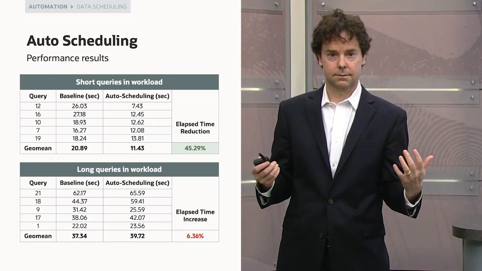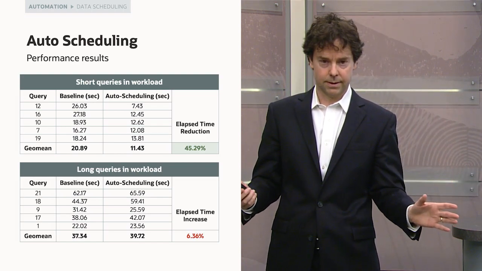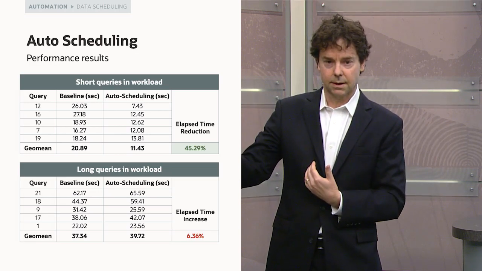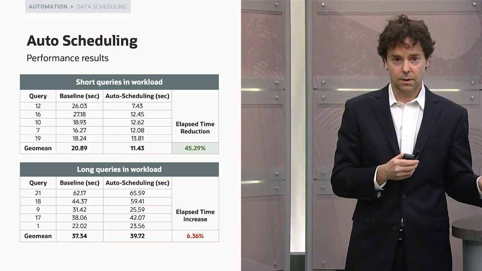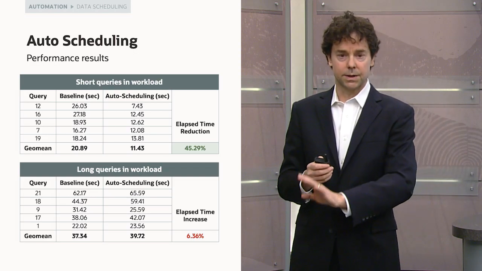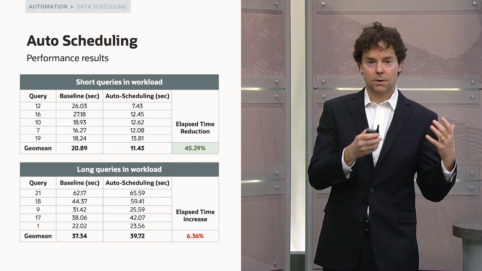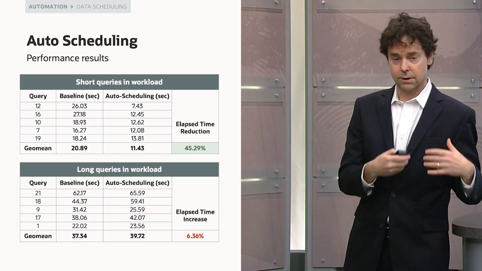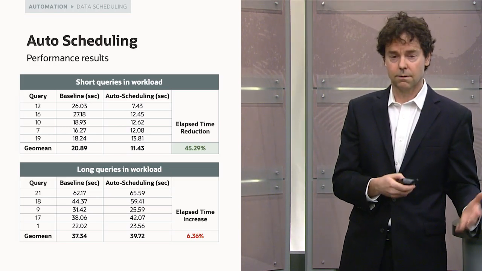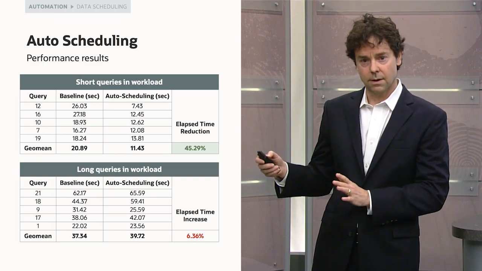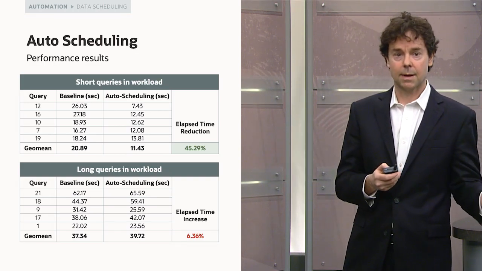That's great. Now, there's no free lunch. If you speed up some queries, some other queries are going to run a little slower. So the long queries, they slowed down by 6%. But if what you're doing is trading off the interactive experience of your customers, the interactive experience of your internal users, versus reports running a little slower, I think we'd all pick, let's make the users happy.